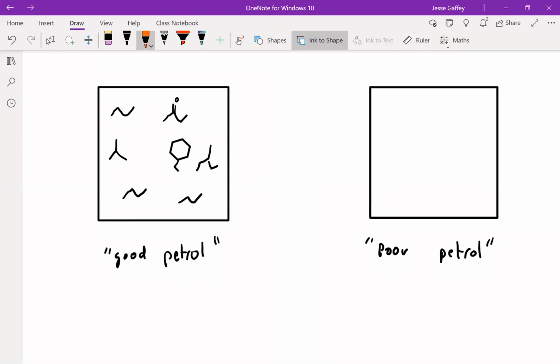I'm hoping that you have spotted some features here. I'm hoping that you have seen that we have lots of molecules that have short chains. I'm hoping that you have seen molecules that have branching. And I'm hoping that you have seen molecules that have ringed compounds.